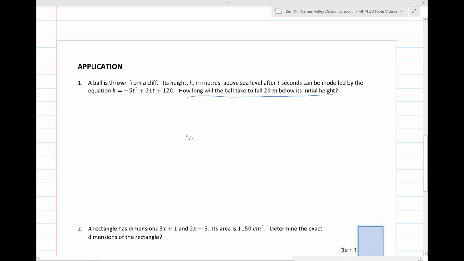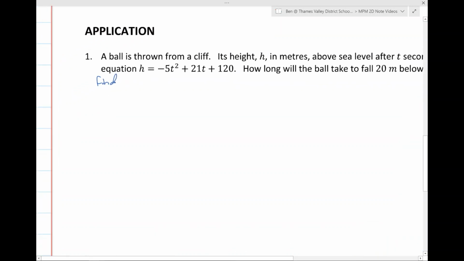Okay, so we need to take a look here, and we can find, first of all, its initial height. We know we're going to need that, so we'll find the initial height. And we know how to do that. If we're finding the initial height, we can substitute t equals 0 into the original equation.